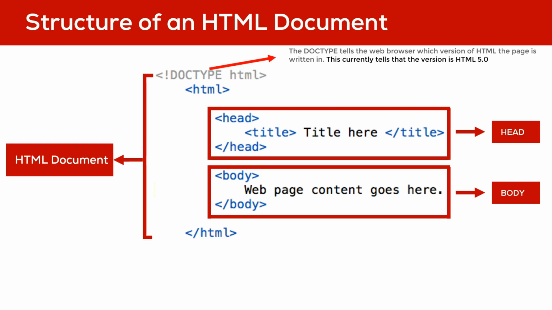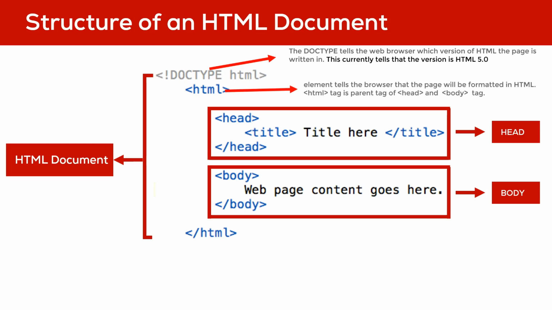In early days of web development, we used to have other versions of HTML like XML, and we also used to have HTML version 1. But right now we are in HTML version 5. Then the next tag is the HTML tag. The HTML element tells the browser that the page will be formatted in HTML language.